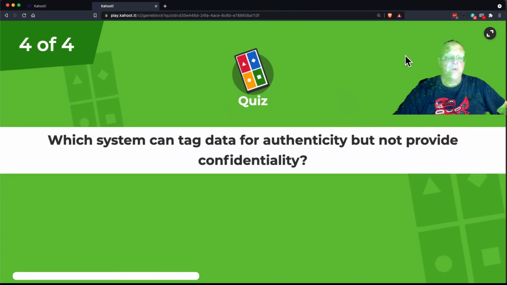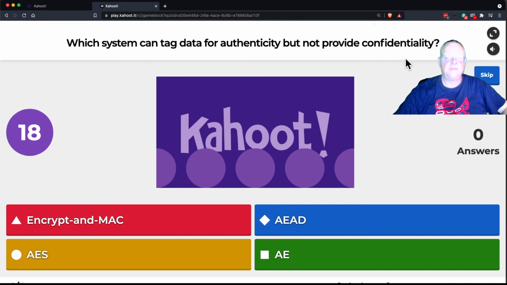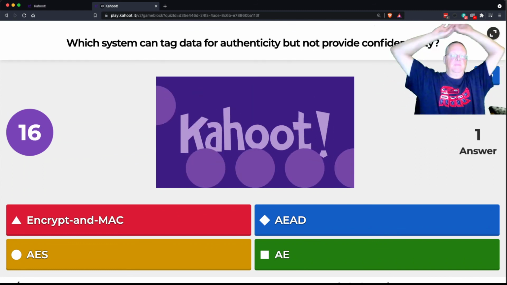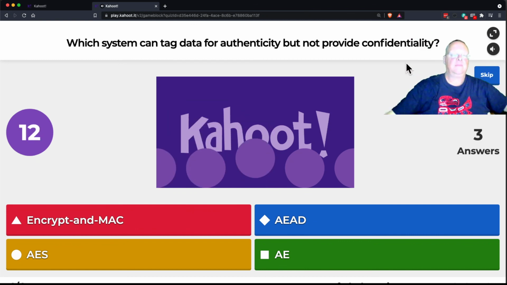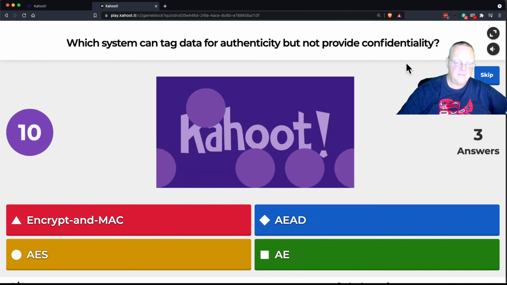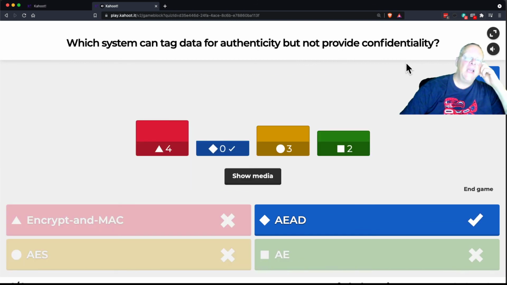All right, which one can tag data for authenticity but not provide confidentiality? Yeah, it's a little bit confusing question, but that's what AEAD can do.